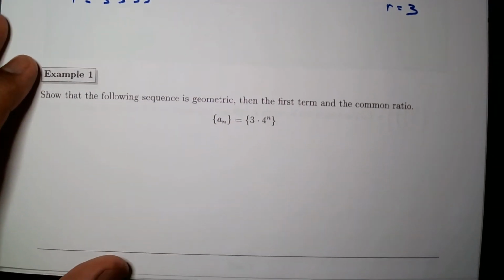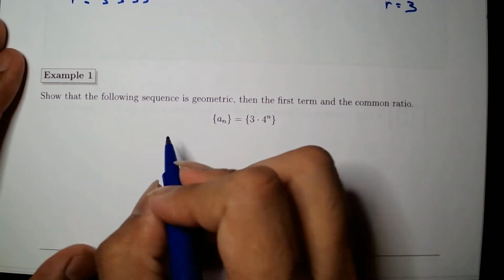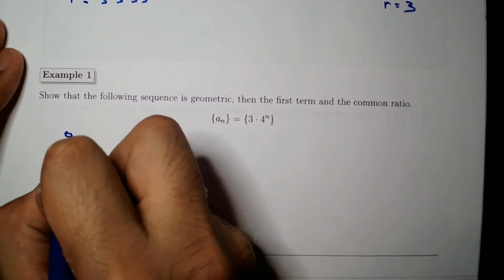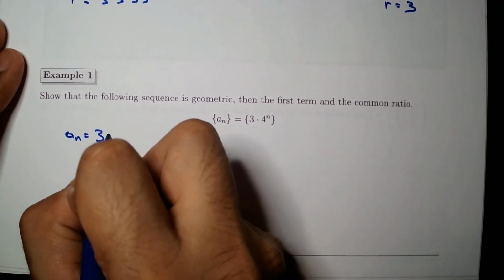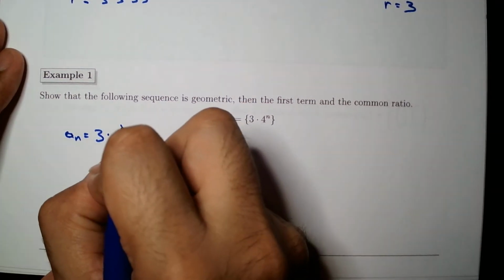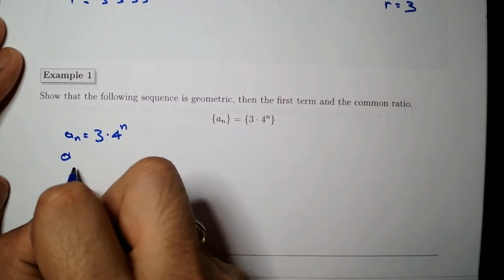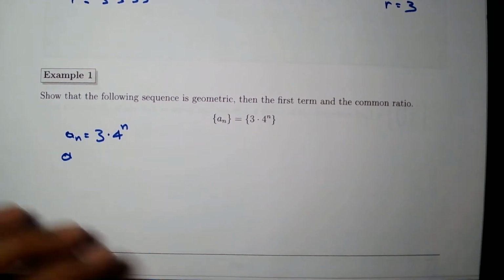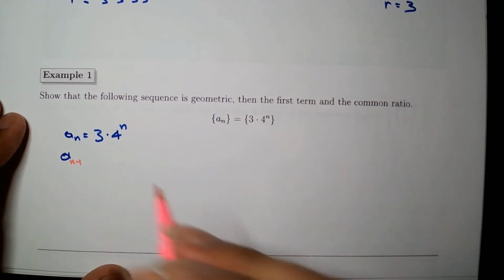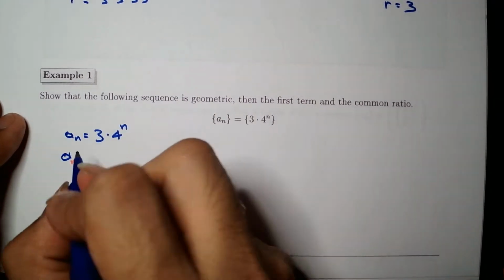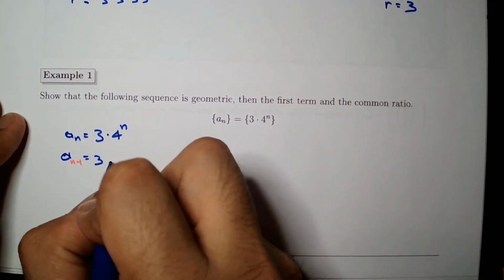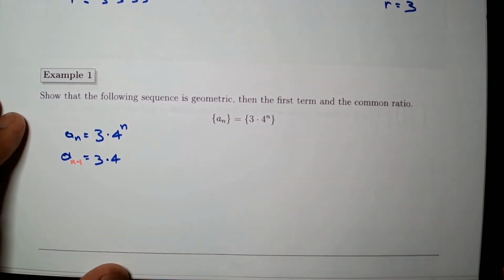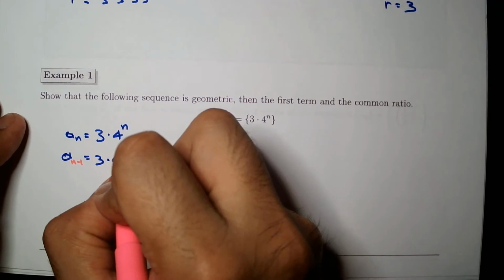So let's look at this example. a sub n equals 3 times 4 to the nth power. a sub n minus 1 is 3 times 4 to the n minus 1.